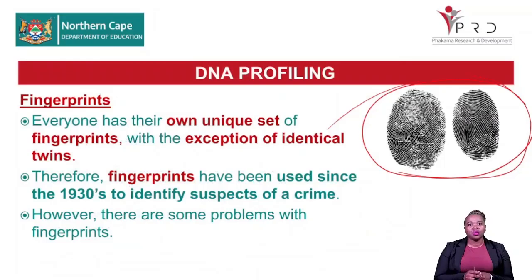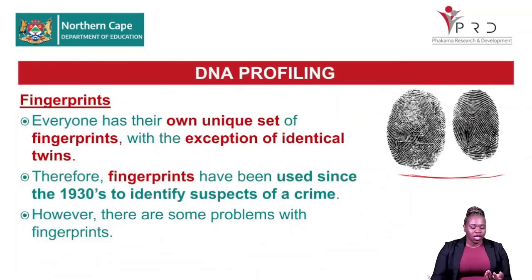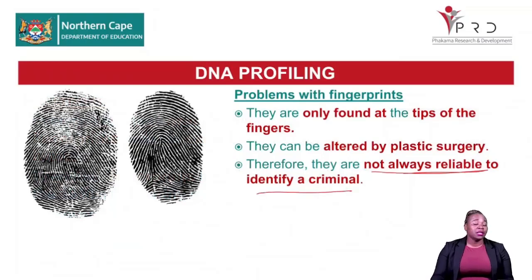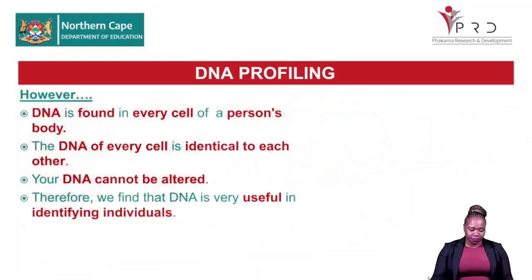There are ways in which you can work around them in order to make sure that your fingerprints do not appear, right? So all of that makes fingerprinting not reliable in identifying criminals, especially.